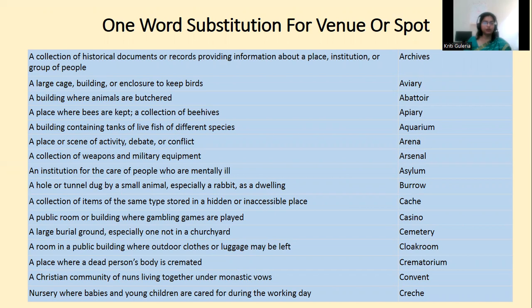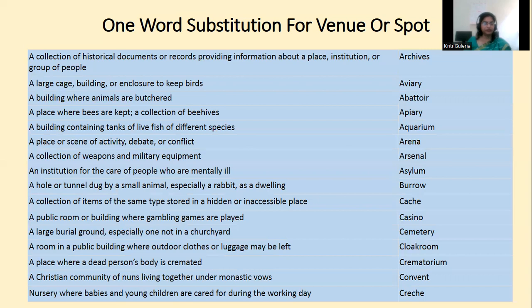A large burial ground, especially one not in a churchyard: cemetery. A room in a public building where outdoor clothes or luggage may be left is referred to as cloakroom, which you usually find at stations or airports, where we can keep our stuff, keep our luggage for some time.